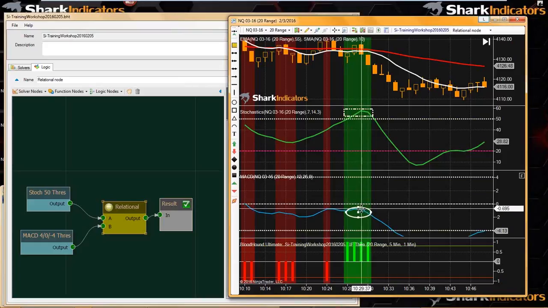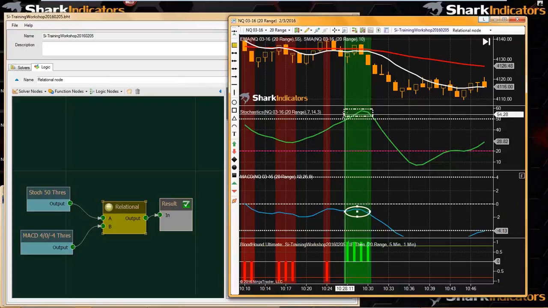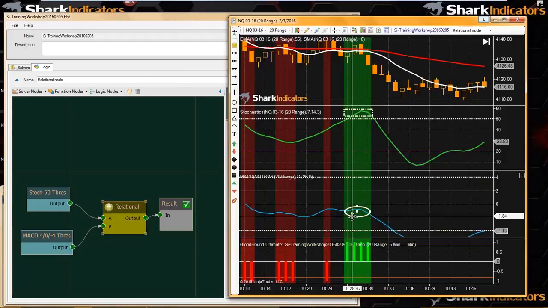So what the relational node is telling us is that the stochastic output is greater than the MACD output, and that's for the long side.